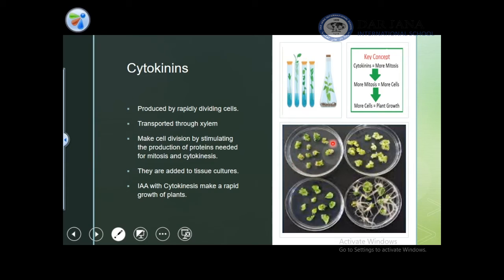Later on, if we treat it with cytokinins, these plant cells will start making mitotic division, and they will start increasing in size until at the end we can obtain plants which are similar to the original plants. This is the process of cloning of plants, also known as plant tissue culture.